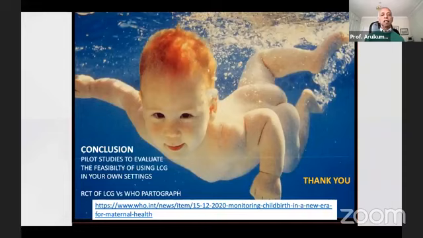The second thing, Pakistan can lead the world by organizing randomized control trials comparing the labor care guide with the WHO Partograph. The labor care guide, as I mentioned, has additional components about the qualitative aspect as well: the companion, giving fluids, posture, analgesics, and so on. I've given the website there at the bottom, but there's no need.